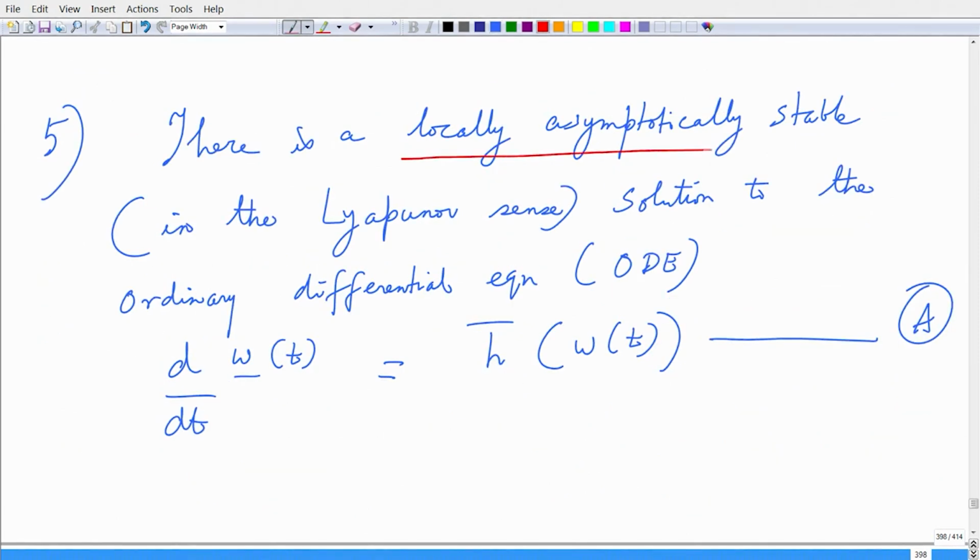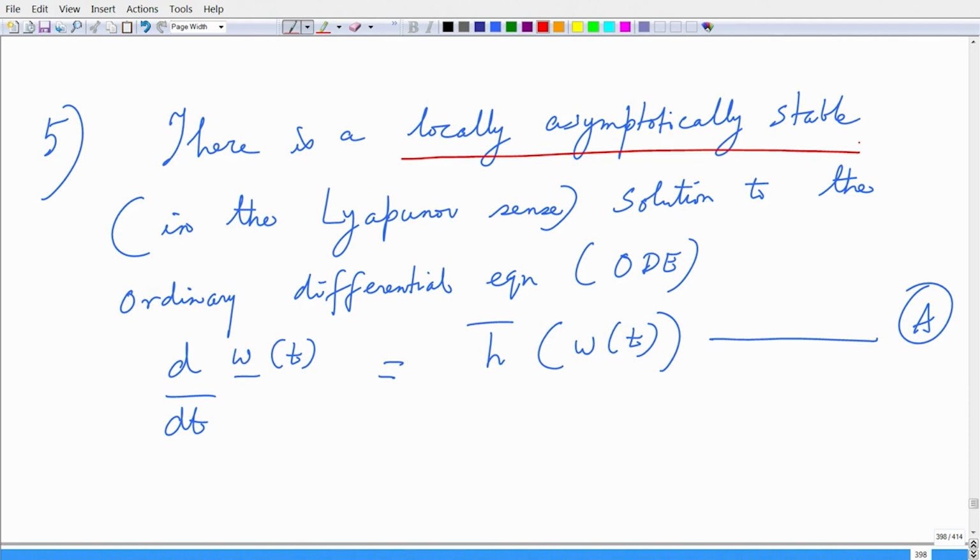There is a locally asymptotically stable, in the Lyapunov sense, solution to the ordinary differential equation which is governed by equation A. The derivative of w of t is in the limit h bar of w of t, right.